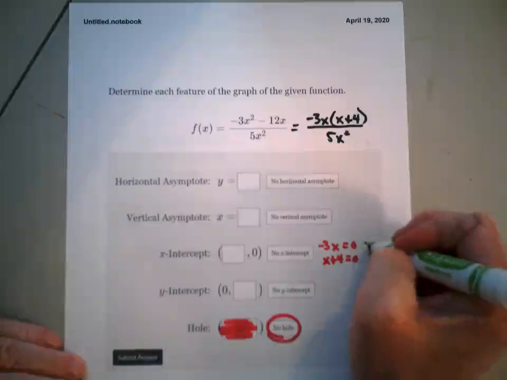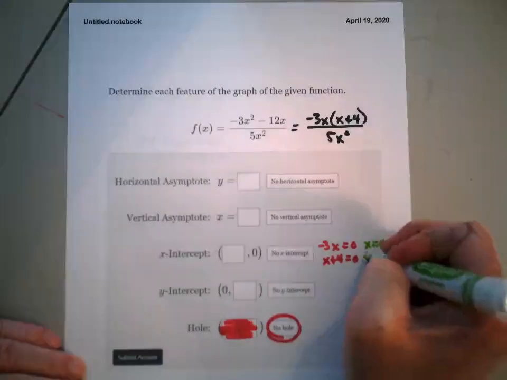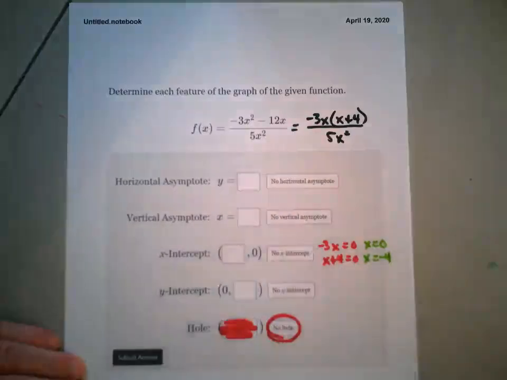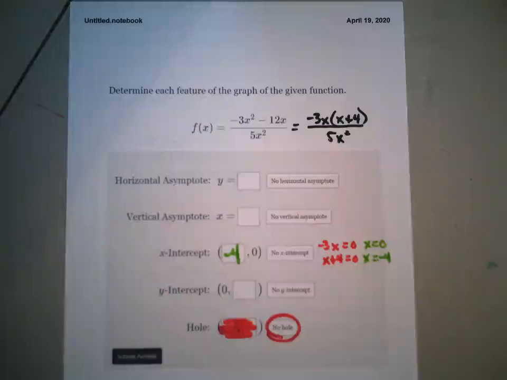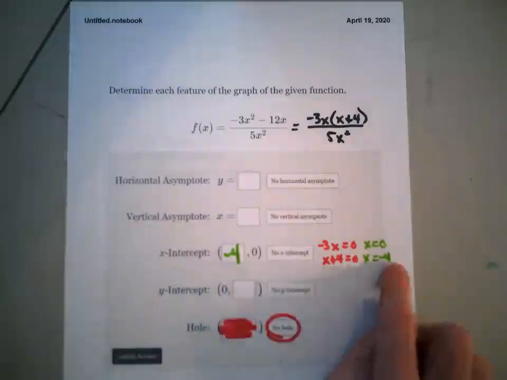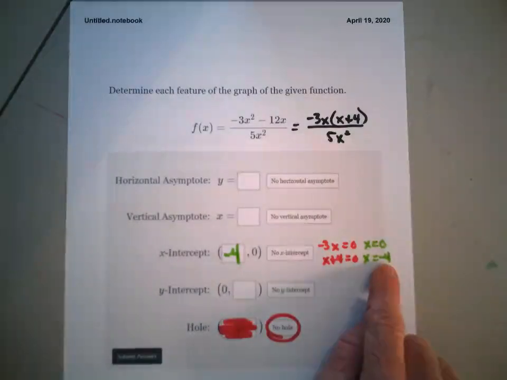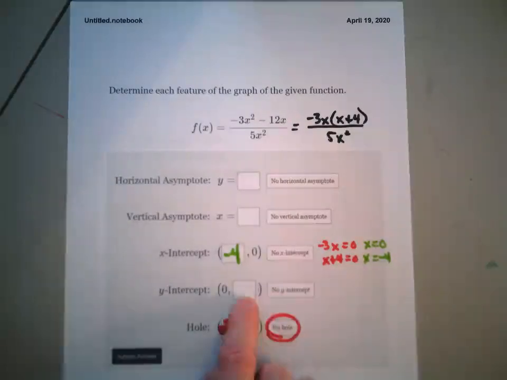So we'll have x equals 0 and x equals negative 4. So I'm going to use the negative 4 as the answer there. That's interesting because you have two x-intercepts, but it's not allowing you to put two answers. So in that case, use the actual number, because I'm pretty sure what's going to end up happening is we're not going to have a y-intercept, so you can actually have the x-intercept as well. I'll show you that in a second.